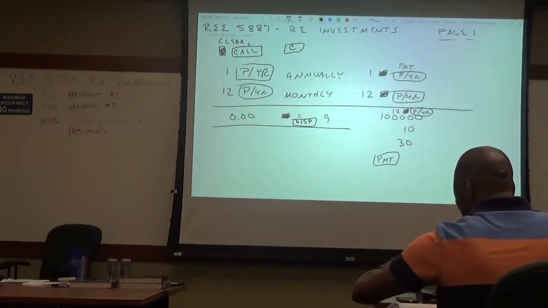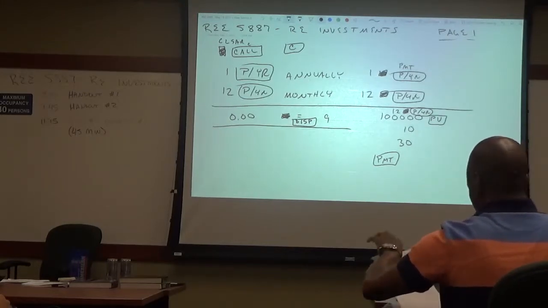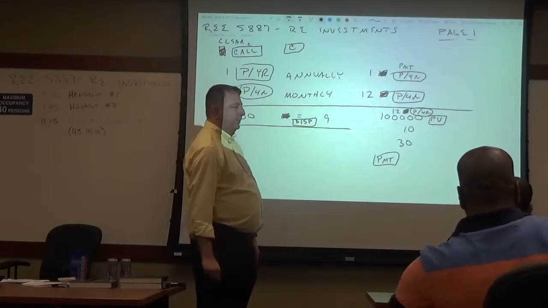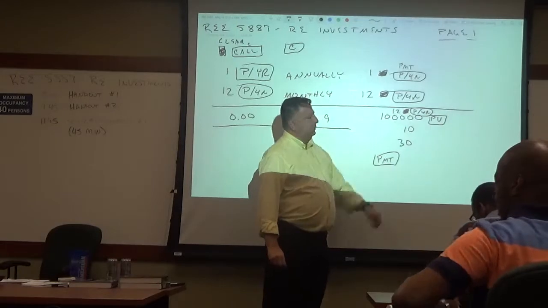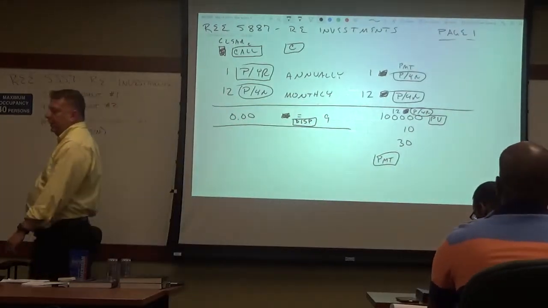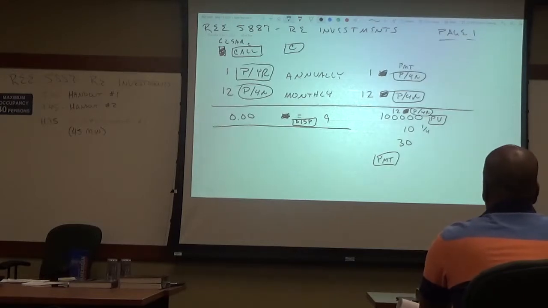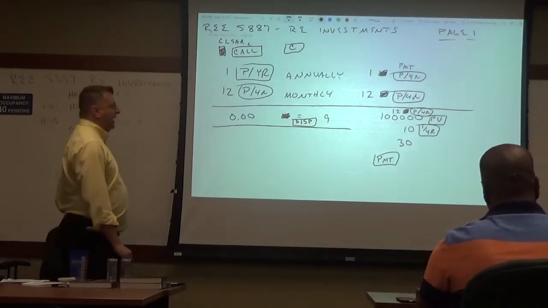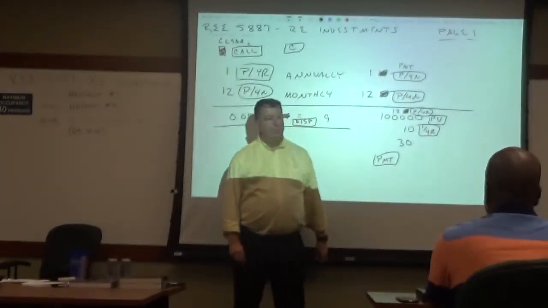That is going to be your loan amount, or specifically your present value, which is one of the keys along the top row of the calculator. That is your loan amount, $100,000. Then you're going to type in the 10% as your interest rate, also a key on the top row of the calculator. 10, interest rate.